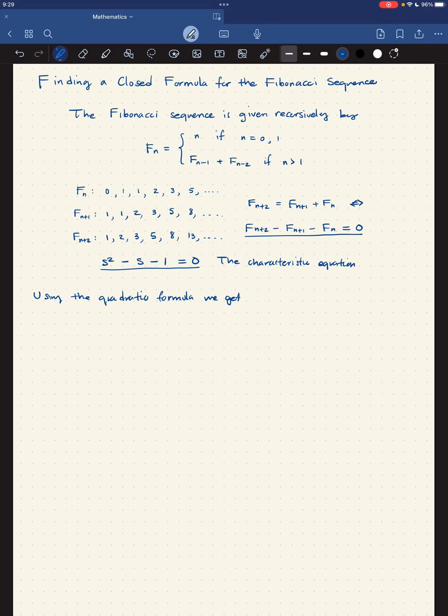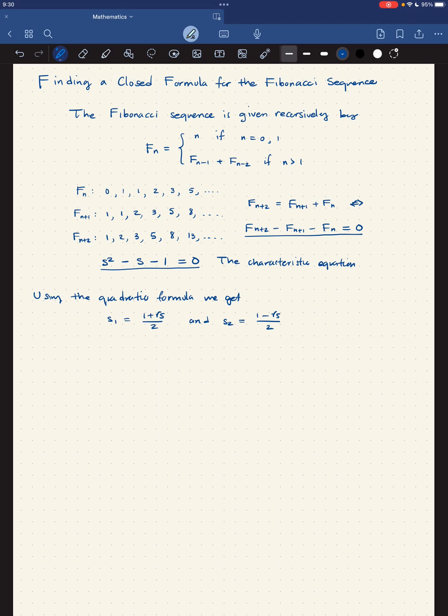We get two solutions: s1 equal to 1 plus the root of 5 divided by 2, and s2, which would be 1 minus the root of 5 divided by 2.